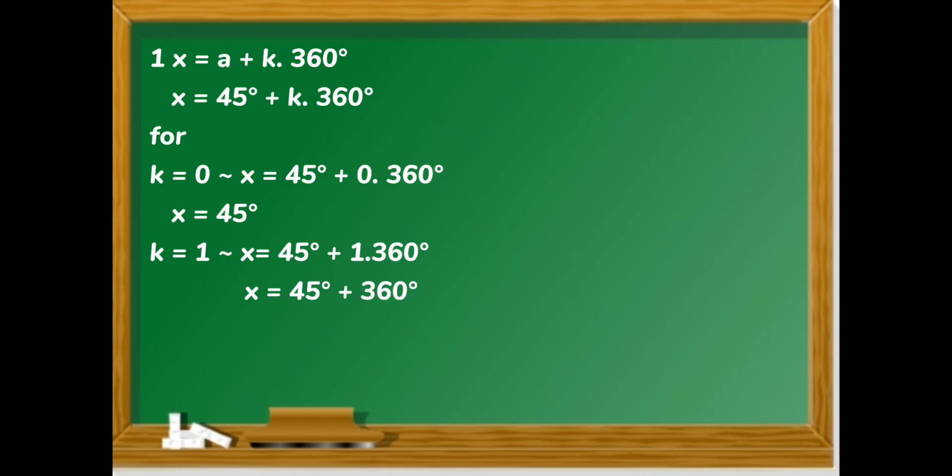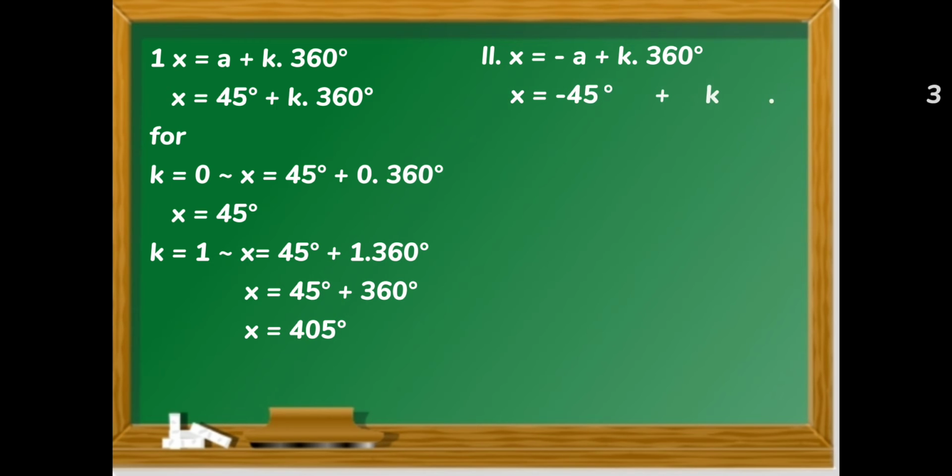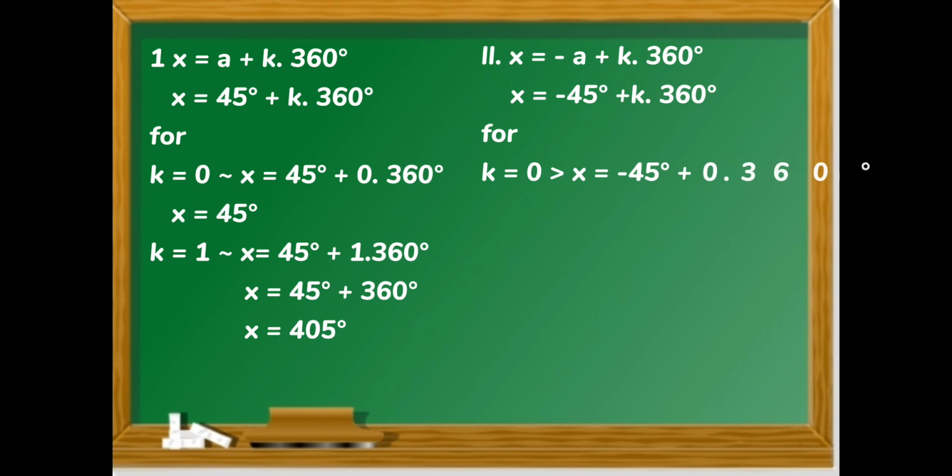Then we enter k equals 1, so x equals 45 degrees plus 360 degrees, x equals 405 degrees.